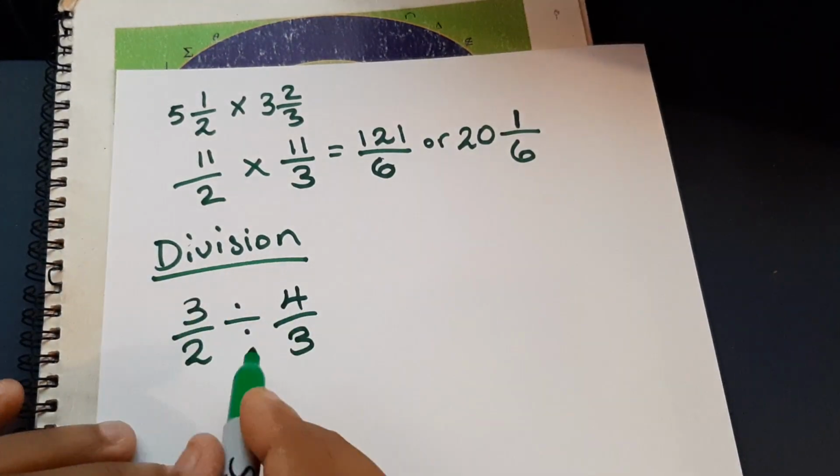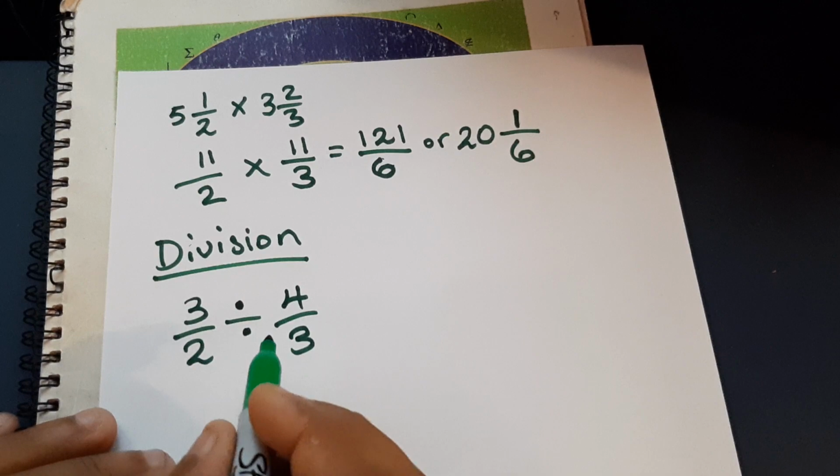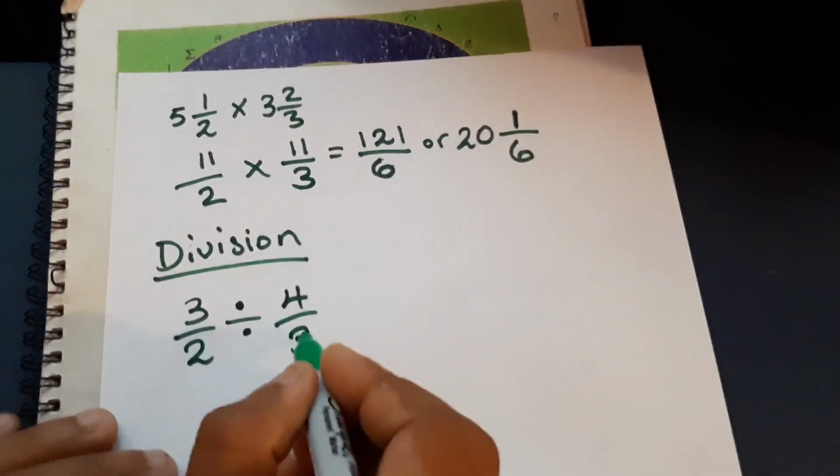Now, with the division sign, we cannot work with the division sign. So what we need to do, we need to change this division sign to multiplication and reciprocate the fraction behind the sign. So what am I going to do? Camera go blurry.